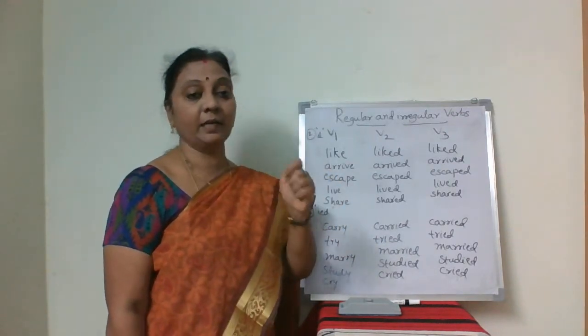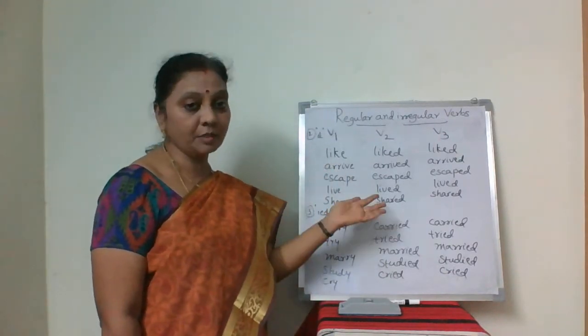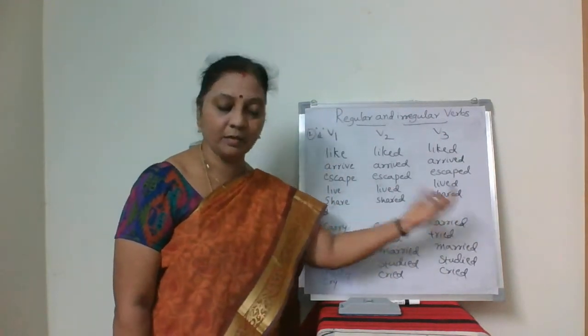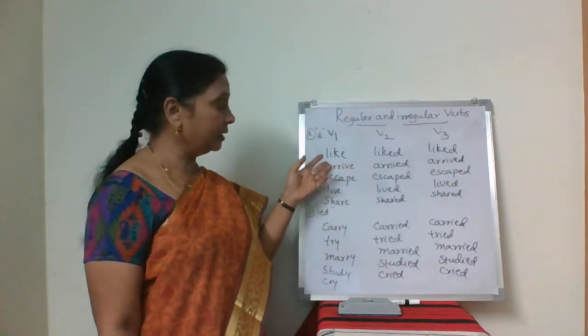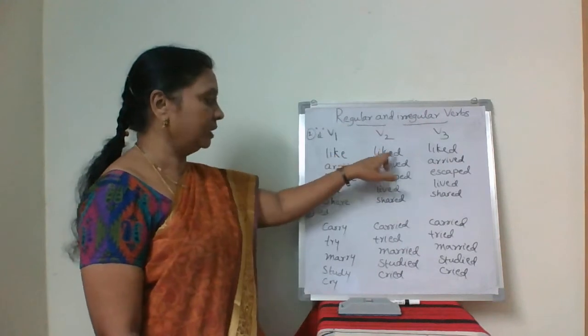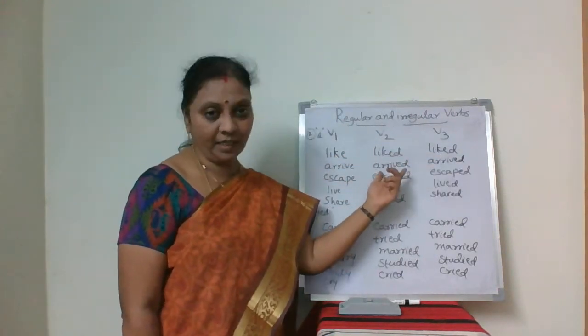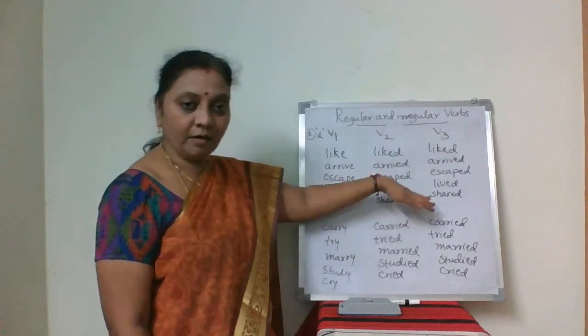Take for example give, ending with e, but the past form is gave and given. So they do not come under this category of regular verbs. Okay, that is the difference. So in this case, V2 and V3 also we have ed, isn't it? That's why they are regular verbs.